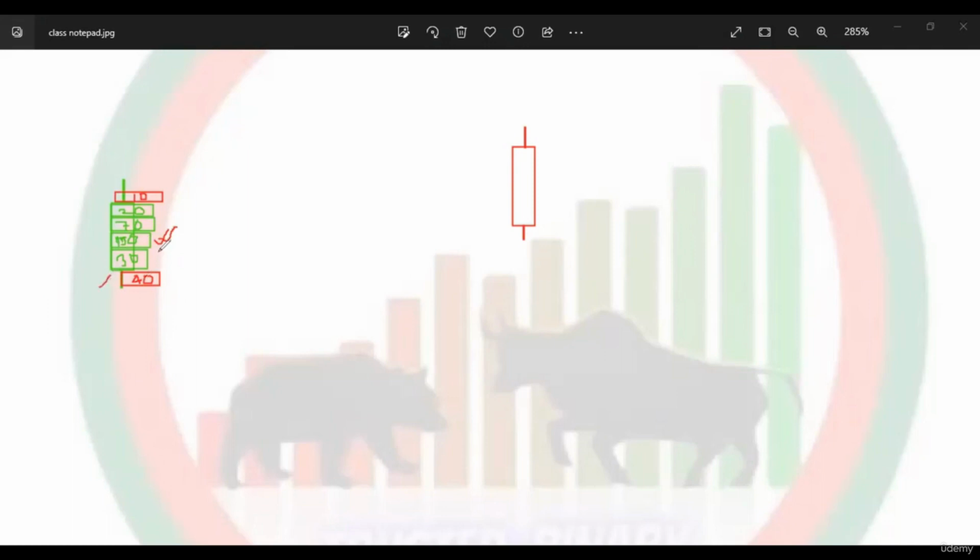Now if we set this candlestick in a trendy market, that will give us one type of situation. If we set this candlestick exactly at a resistance level, that will give us another type of situation.